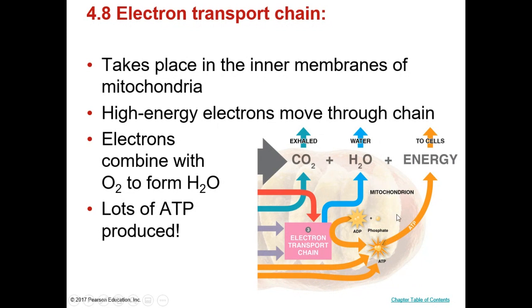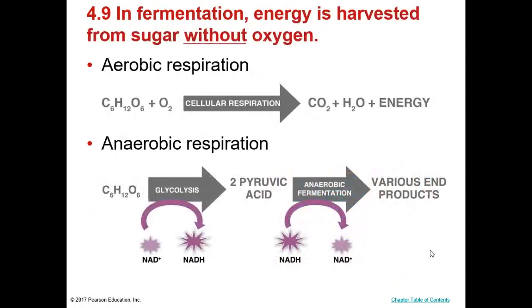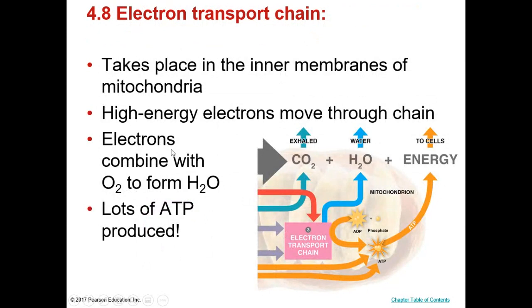Being the last electron acceptor, oxygen is turned into water inside the mitochondria, and that water recirculates back into the cell, and a high amount of ATP is produced by that process. This is the reason why this process is also known as aerobic respiration, because of the use of oxygen in the process.